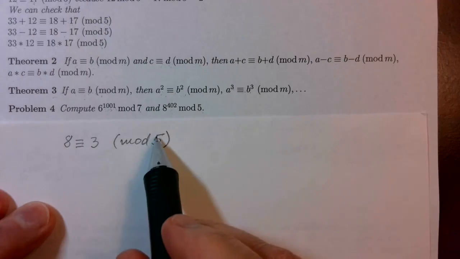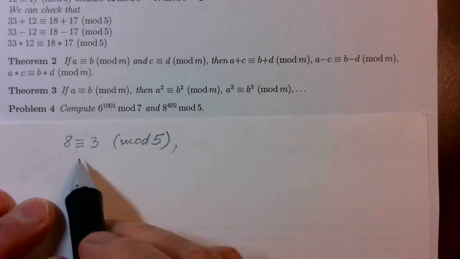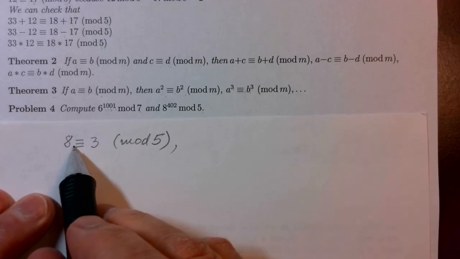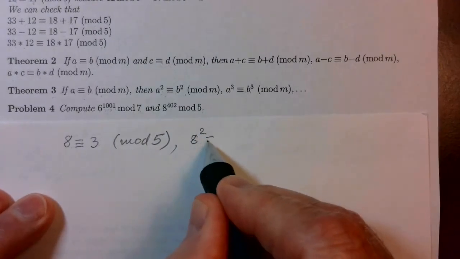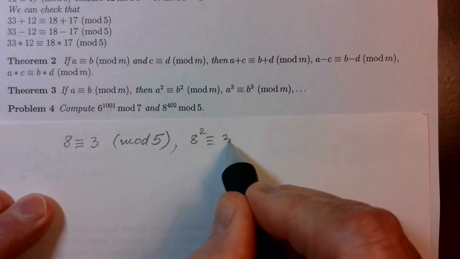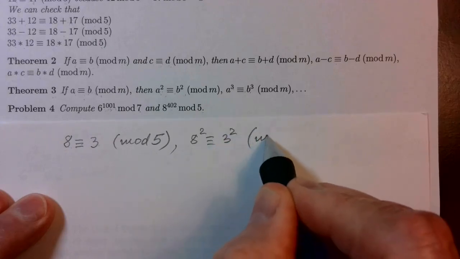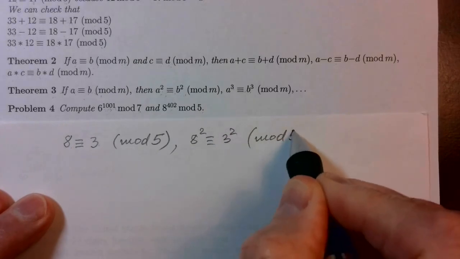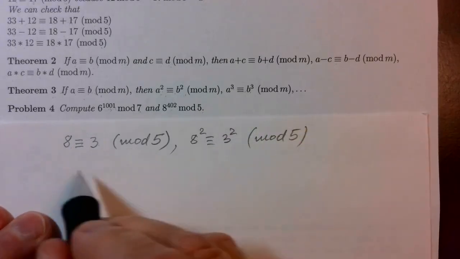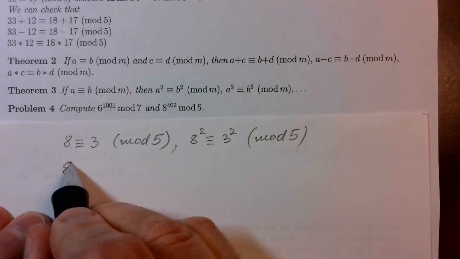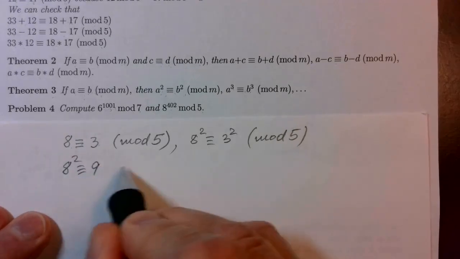Then raise both sides to the second power. 8 squared will be congruent to 3 squared mod 5. But 3 squared is 9. So this is 8 squared is 9 mod 7.